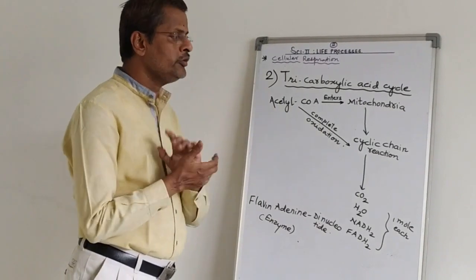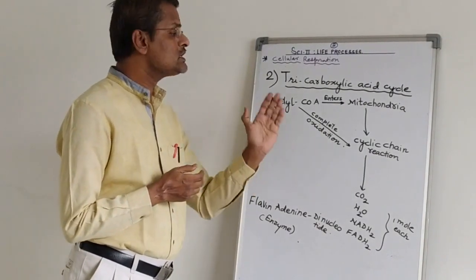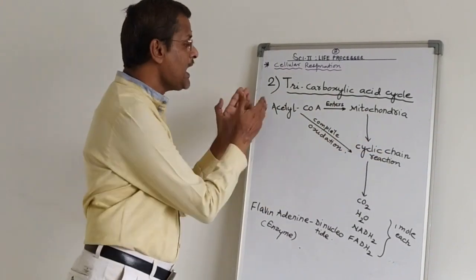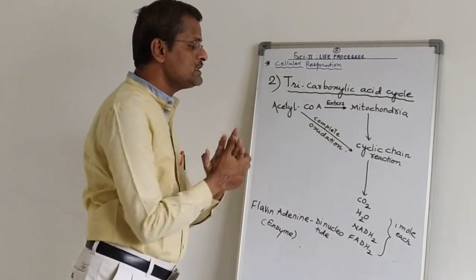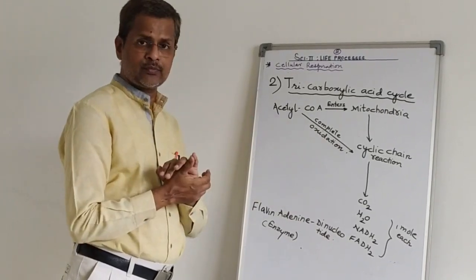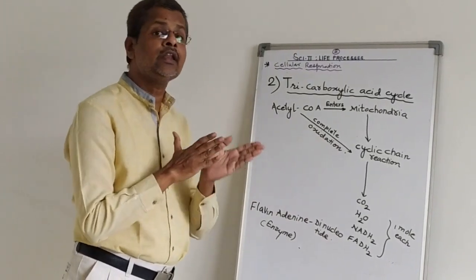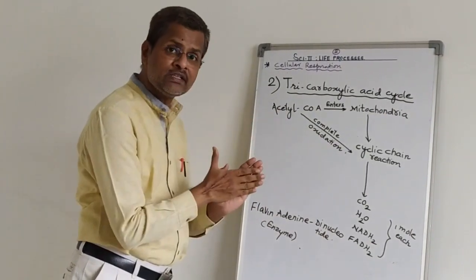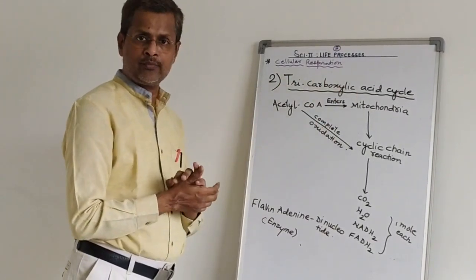Now in mitochondria, many cyclic chain reactions take place and acetyl coenzyme gets completely oxidized. That means complete energy is released from acetyl coenzyme in mitochondria.